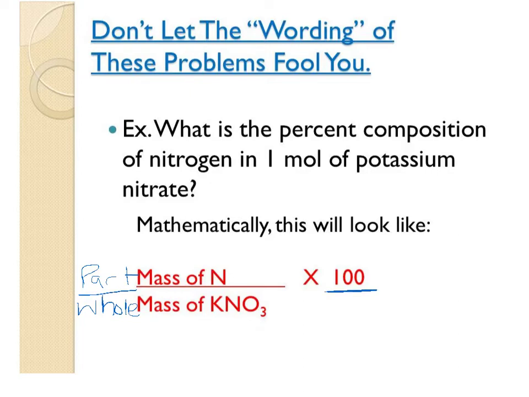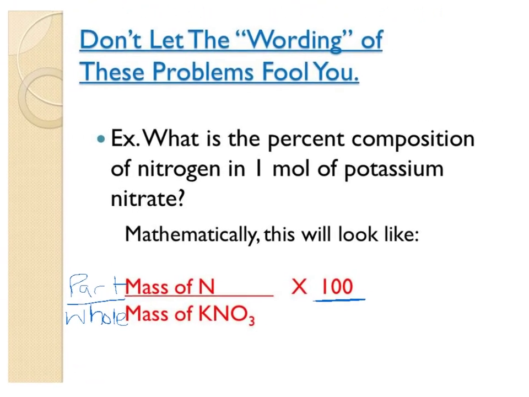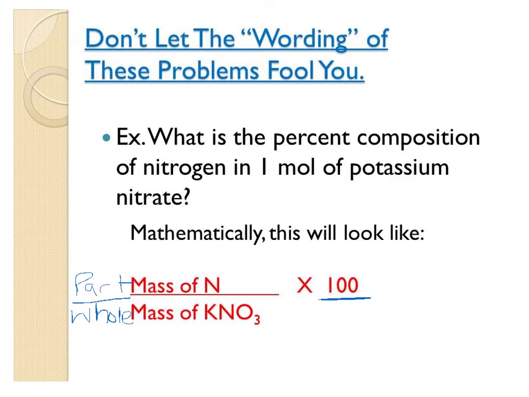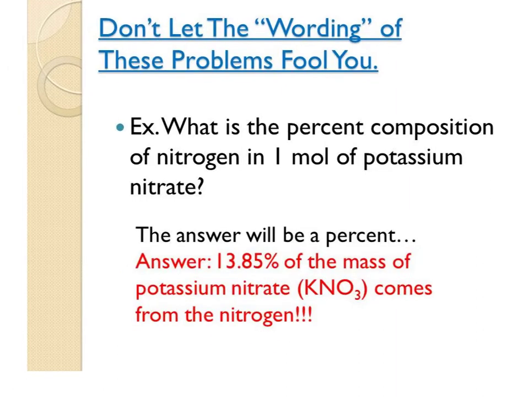So in this case, the mass of the nitrogen would be the part, and then the mass of the KNO3 would be the whole, because the whole compound is KNO3, and then the part that we're concerned about is the nitrogen. Once we do our calculations and divide the part over the whole times 100, our answer will be about 13.85%. So that's how much of the total mass of potassium nitrate comes from just the nitrogen.